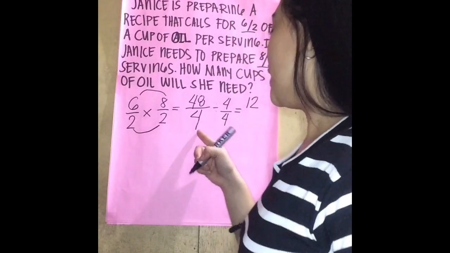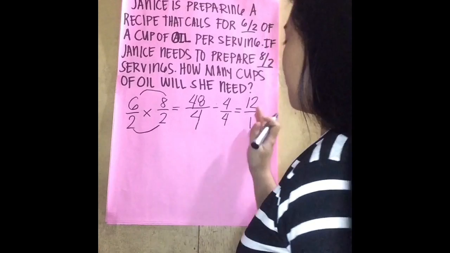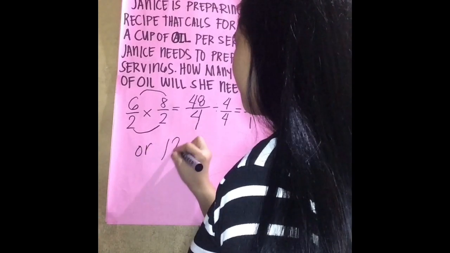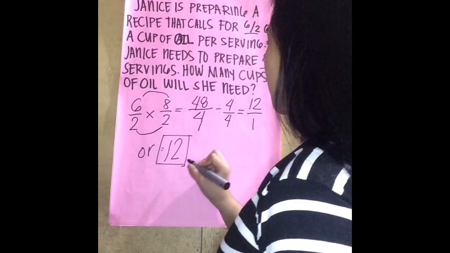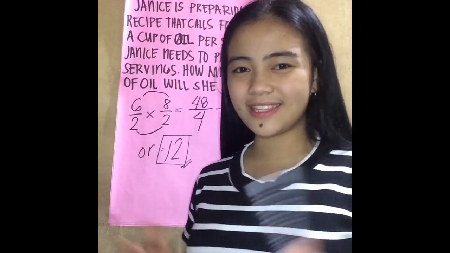So 4 divided by 4 is 1. So 12 over 1 or 12. So the answer is 12. That is the cups of oil Janice needs. So, that's it.